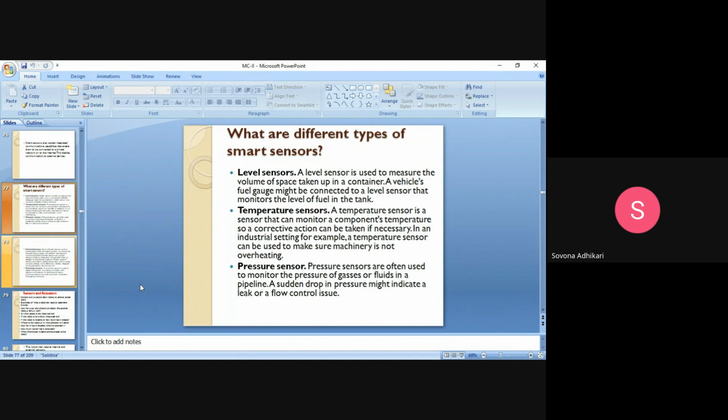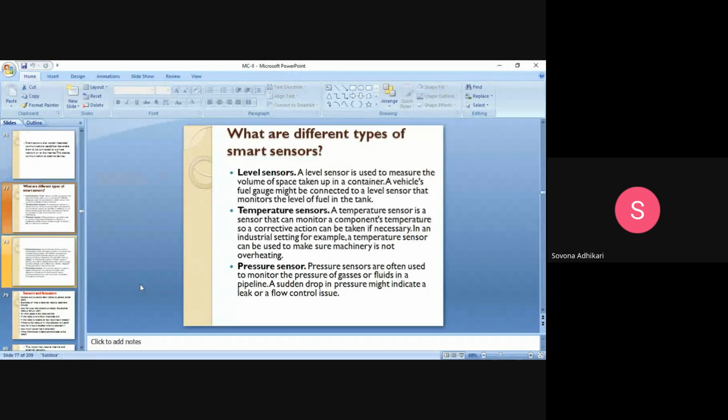Similarly, pressure sensors. Pressure sensors are often used to monitor the pressure of gases or fluids in a pipeline. A sudden drop in pressure might indicate a leak or a flow control issue. Suppose a water pipe or an oil pipe: the pressure sensor senses that there is a drop in pressure.